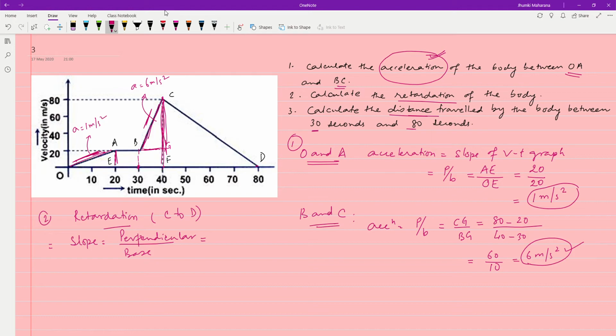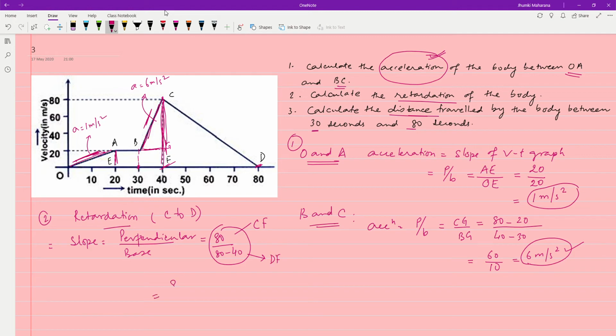And what is the length? It is 80 divided by base is 80 minus 40. Perpendicular is CF here. If you see, this is nothing but CF and this is DF.